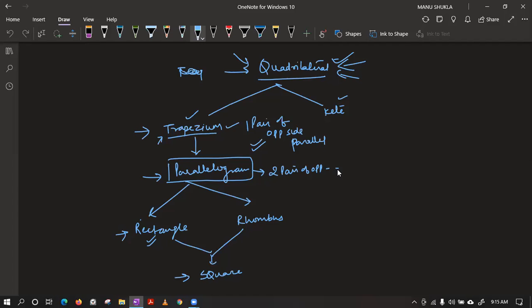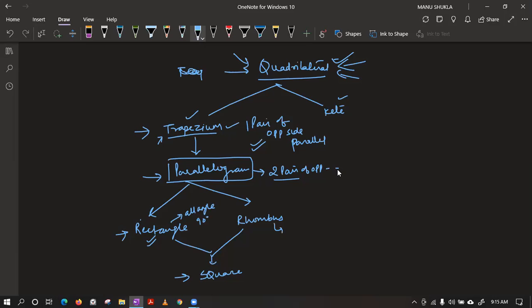Quadrilateral has four sides and all the family members follow the rule. Very good, Ananya. So, parallelogram has an extra property that it has two pairs of opposite sides parallel. Similarly, rectangle and rhombus follow all the properties of parallelogram. Apart from that, the extra thing is all angles 90 degrees in the case of rectangle.